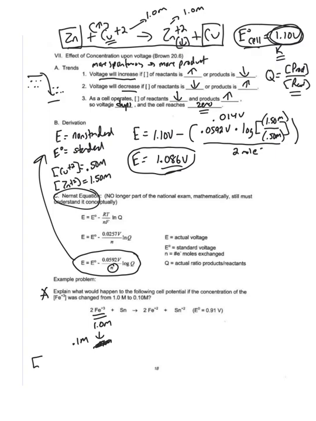Because the concentration of the reactant went down, this would cause the Q value, since the reactant goes on the bottom, so the log of Q is going to be a number greater than 1, and therefore that is going to cause the voltage to decrease or to drop.